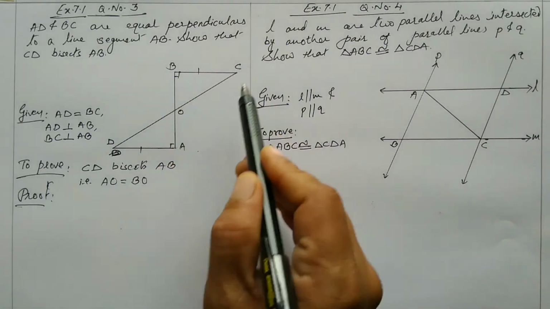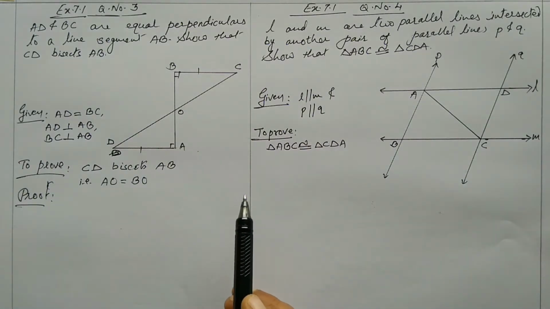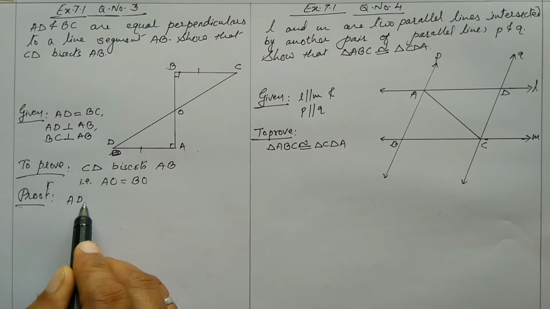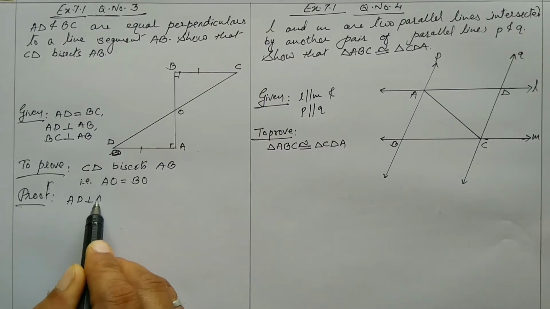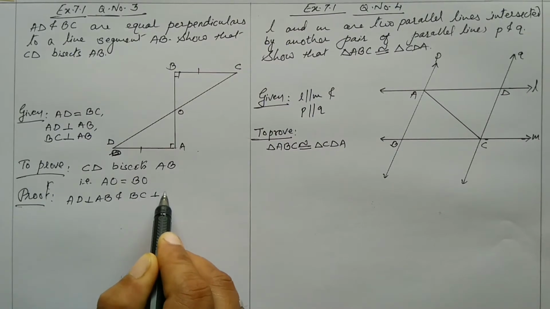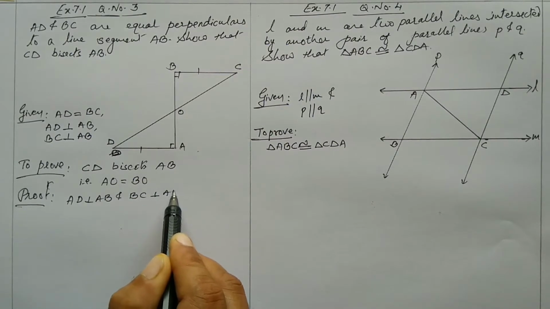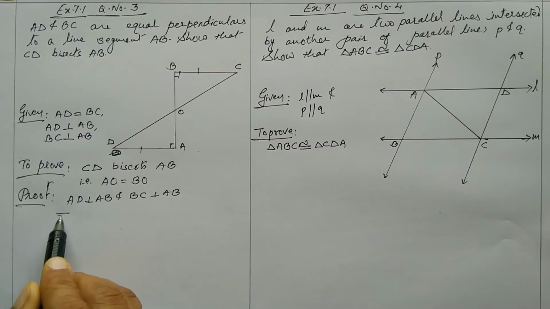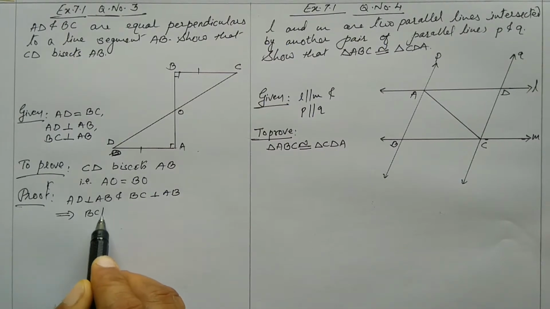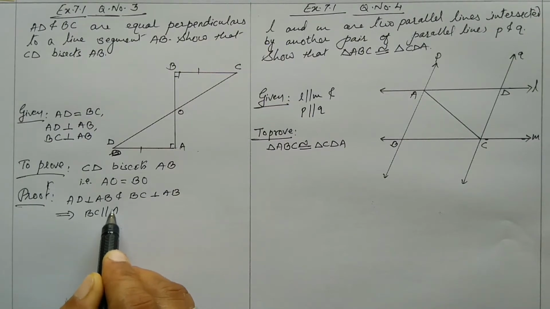What is the relation between BC and AD? They are parallel lines. Okay, so I will write here. AD is perpendicular to AB and BC is perpendicular to AB. It implies that BC is parallel to AD.